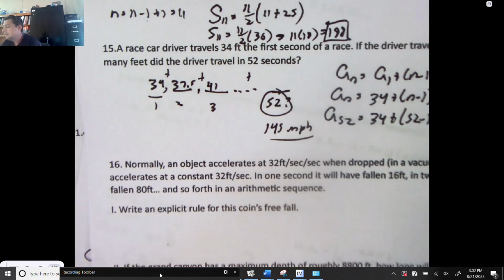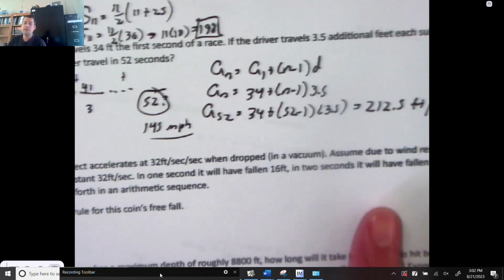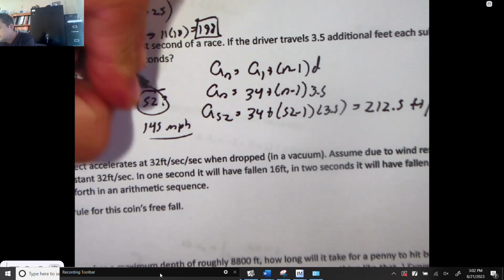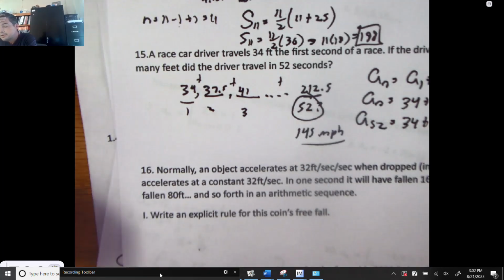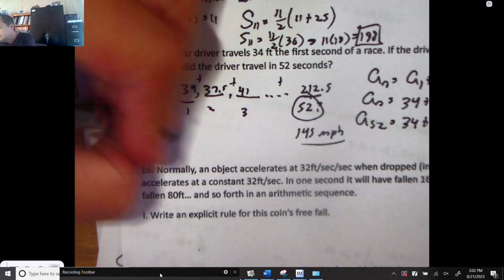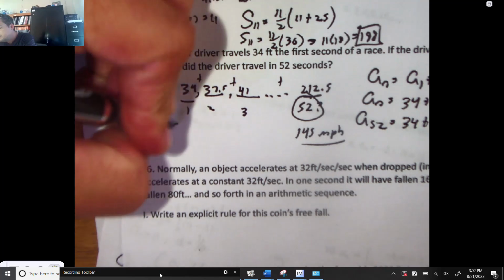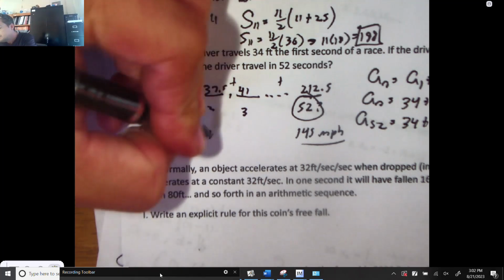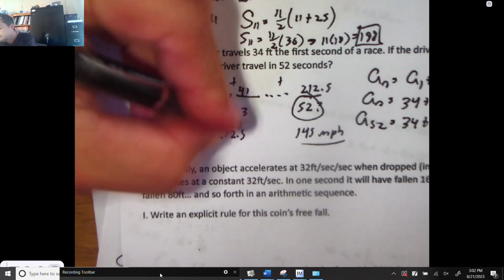So we want to know how many feet this guy has traveled total. Well, we're going to do a series. There's 52 seconds. We're finding the sum of 52 seconds of travel. It is n over 2, so 52 over 2 times the sum of the first term and the last term.